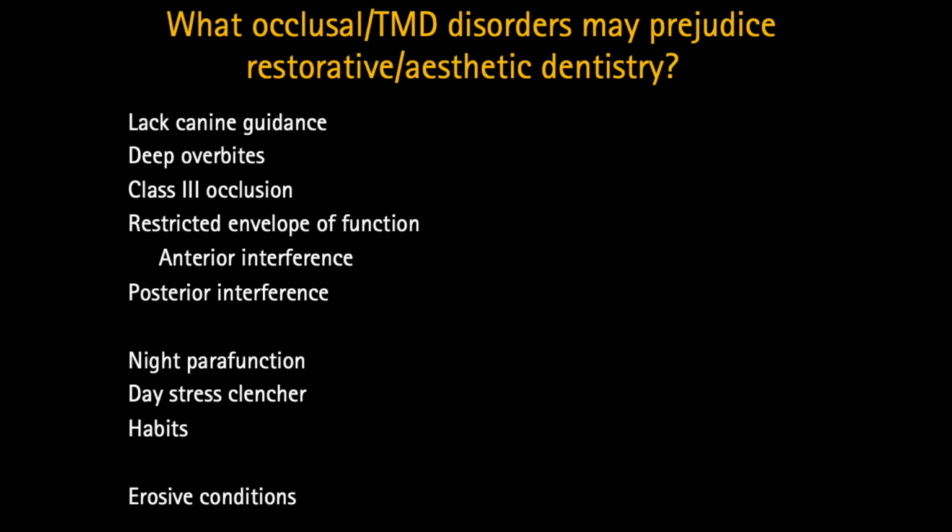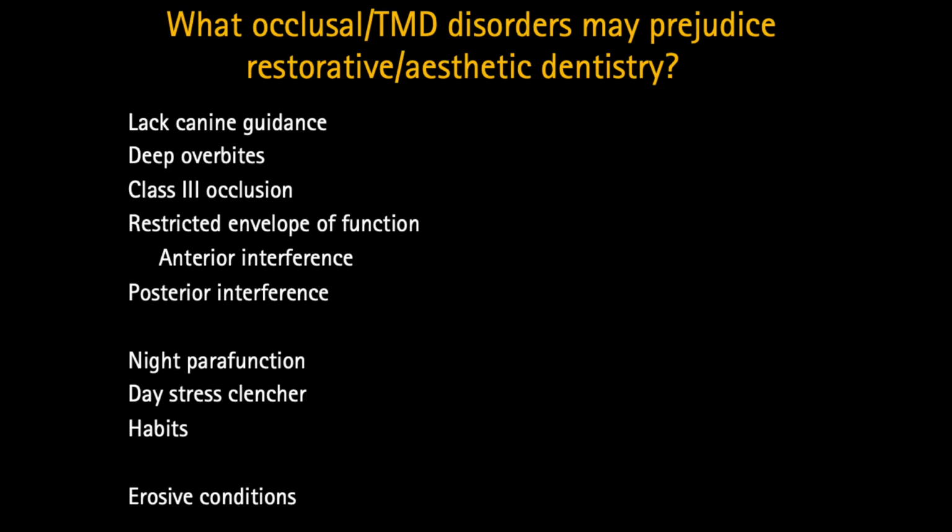So really, what occlusal or TMD disorders may prejudice restorative or aesthetic dentistry? Well, there's quite a long list, and I'll really maybe just look at one or two of those now, and then in the lecture we'll consider more of these in detail. And certainly on the courses we spend a lot longer looking at all of these potential disorders.